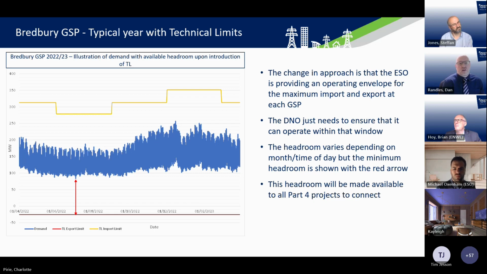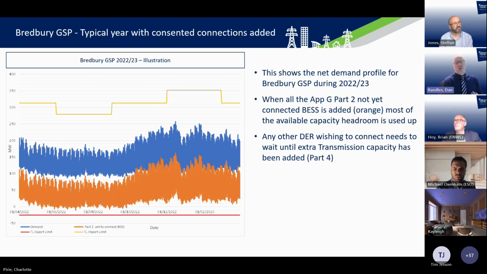Now, the whole concept here is that we're taking capacity that has been made available by National Grid, but is currently not being utilised. So this will be by customers that are in Part 4 that have been given a connection date and are able to connect, but for various reasons just haven't yet connected.